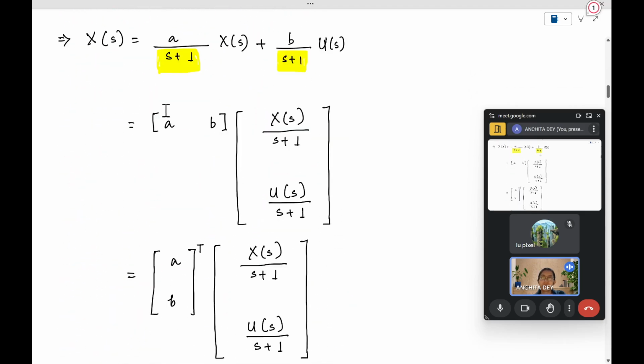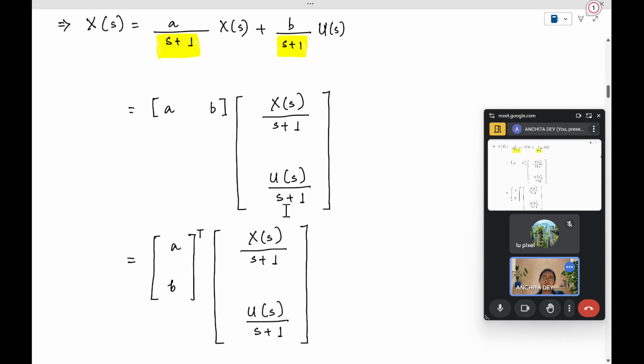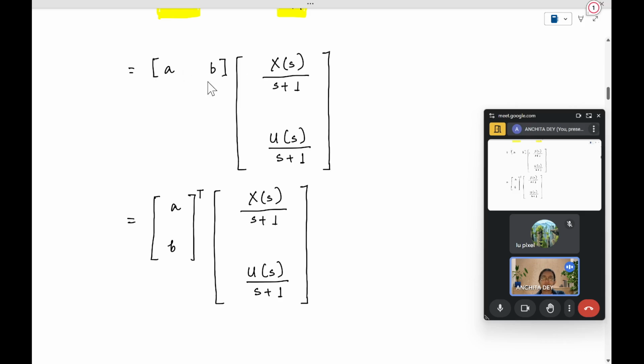Now with the s plus 1s, if you take this common, you have a and b written in this form. So this is basically a into x of s by s plus 1 plus b into u of s by s plus 1. Or you can in fact say that instead of writing in this row vector form, you can write it as a column vector and give a transpose here.